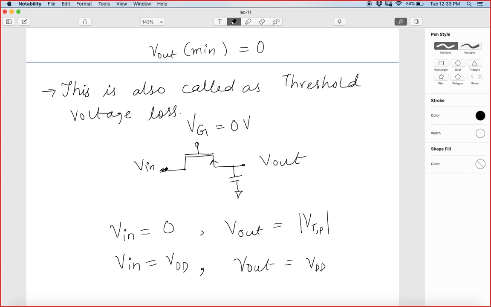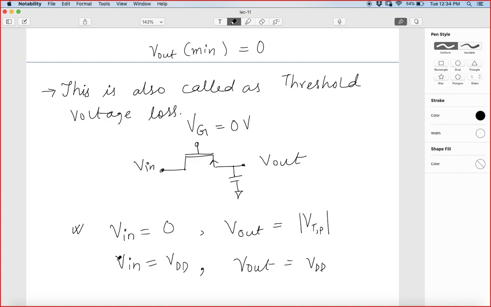Suppose initially it is VDD, so there will be a minimum threshold drop between the gate and the source. That's why we can say this V out will only go till VT. So there will be one threshold voltage drop whenever V in is 0 volt.